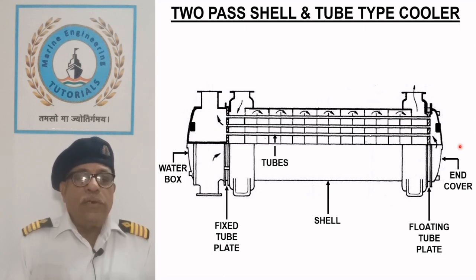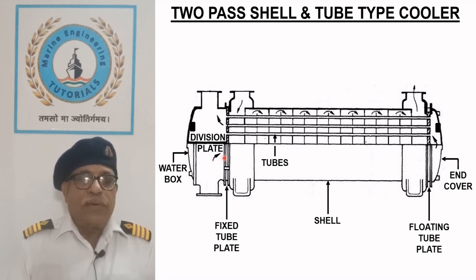They are arranged for either a single pass or for a double pass of cooling liquid. A single pass or straight flow is common in small coolers. A division plate separates the coolant inlet and outlet chamber in a two-pass arrangement.